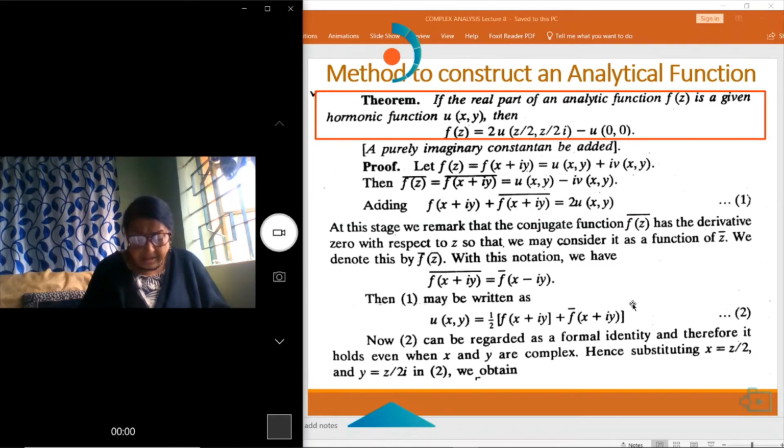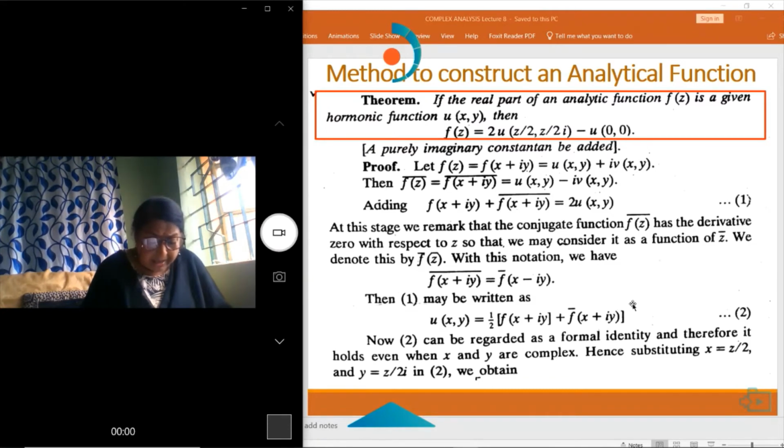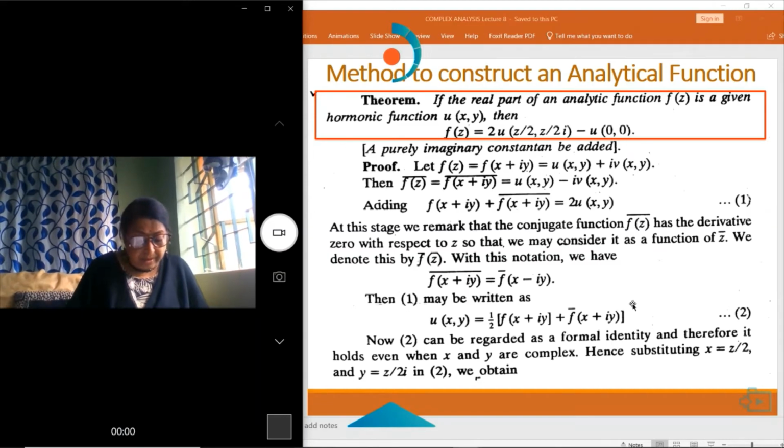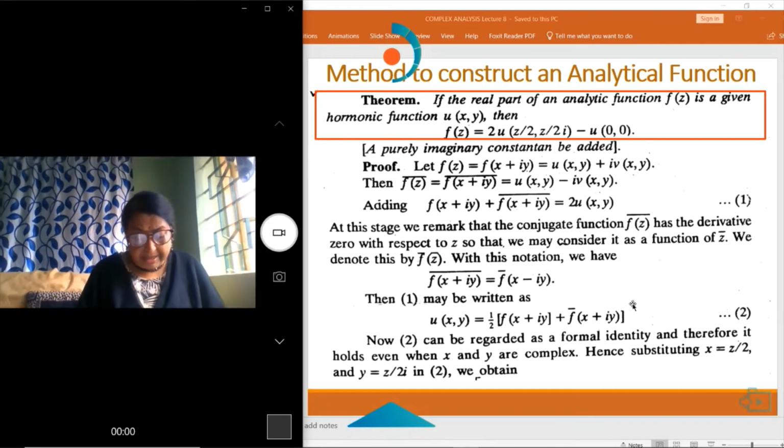If the real part u(x,y) of an analytic function f(z) is given, then f(z) = 2u(z/2, z/2i) − u(0,0), to which a purely imaginary constant may be added.